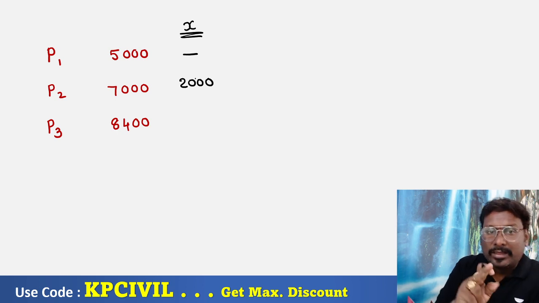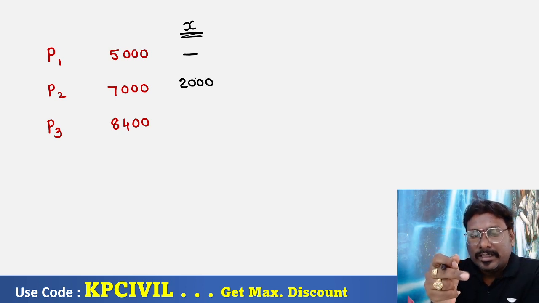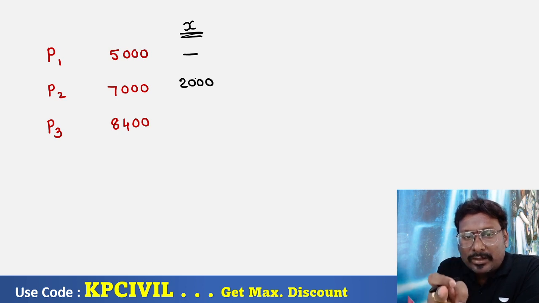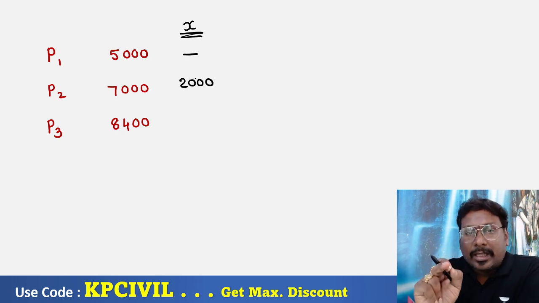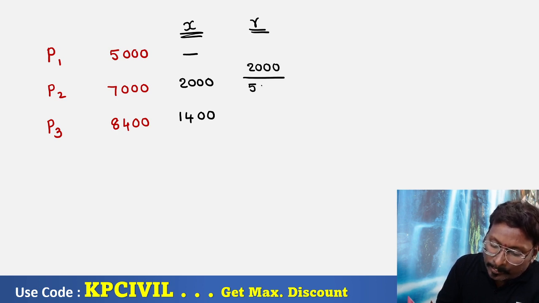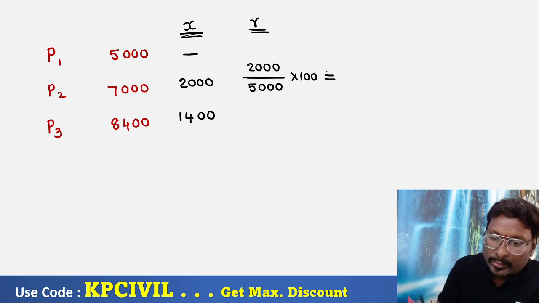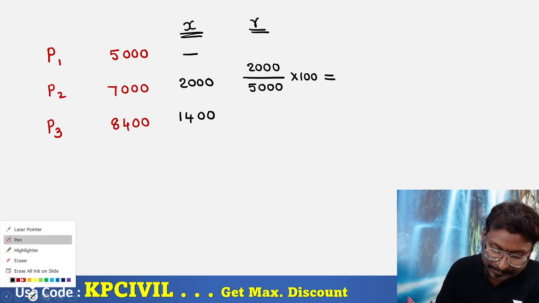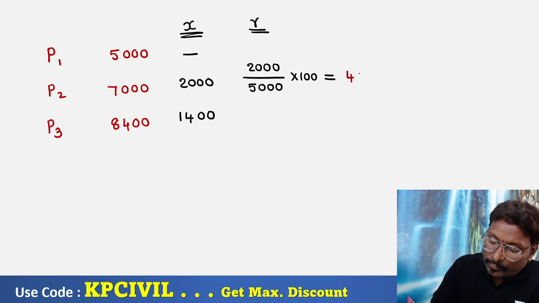X is nothing but the change in population. 7,000 minus 5,000, 2,000. 8,400 minus 7,000, 1,400. Now R values. X1 is 2,000, P1 is 5,000. 2,000 by 5,000 into 100, 40%.